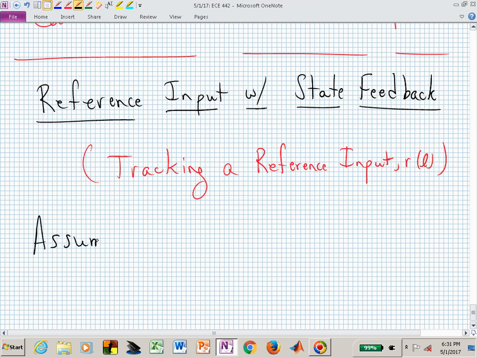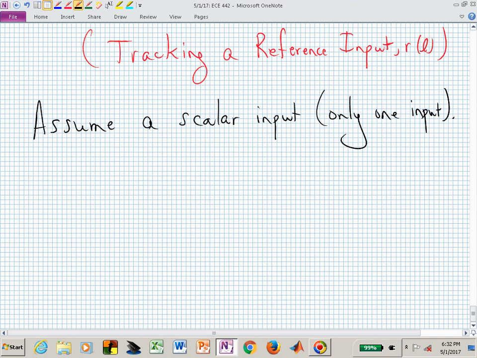Just to keep things a little bit less complicated, let's go ahead and assume that we're dealing with a scalar input, or only one input.